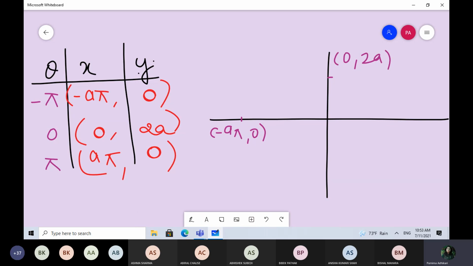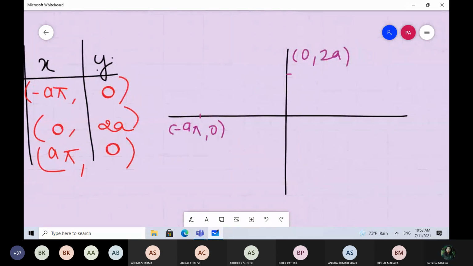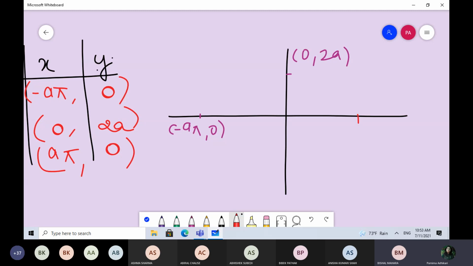Now last point, where will it be? A pi comma 0. Yes, mirror image of minus a pi. So it will be somewhere here. So this is a pi comma 0. Very good. Okay, so now what are we going to do? We are going to join these 3 points smoothly.